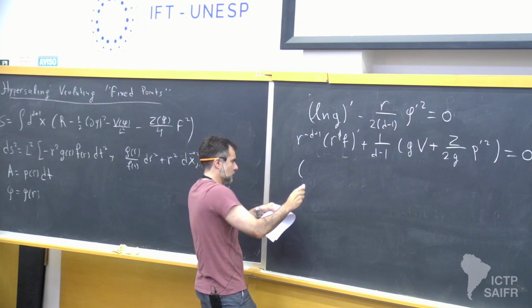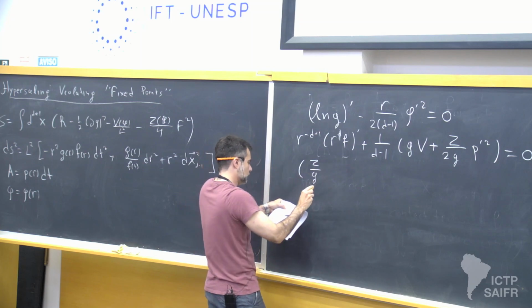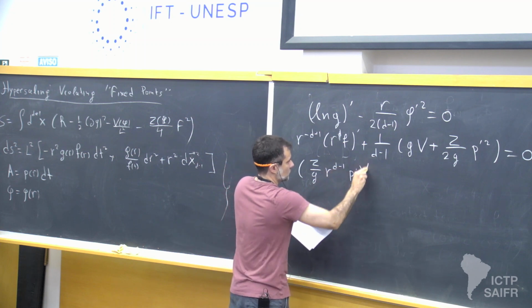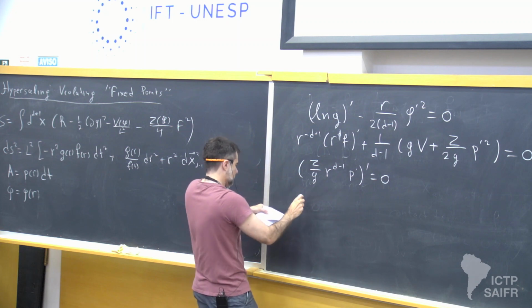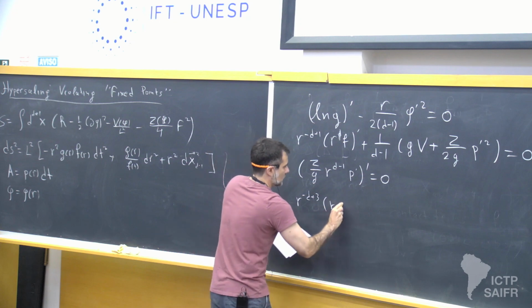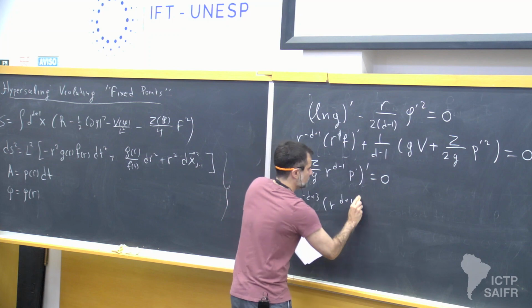And Maxwell's equation will give you some equation for P. And finally, the equation of motion for the scalar would give you some equation in the radial coordinate for phi.